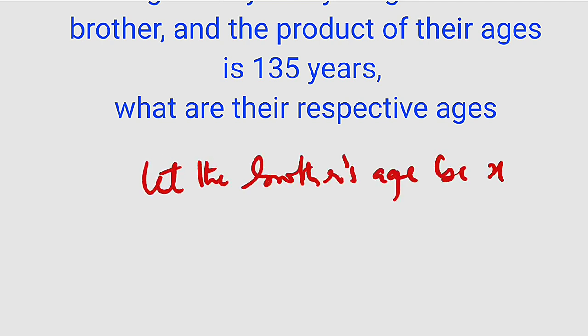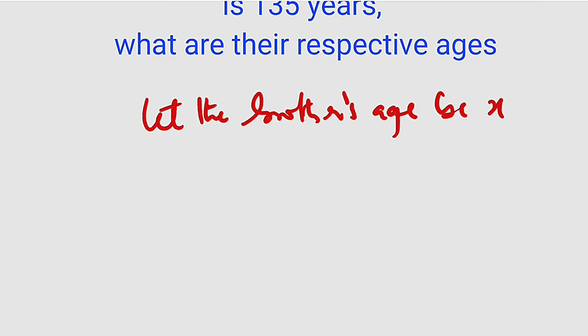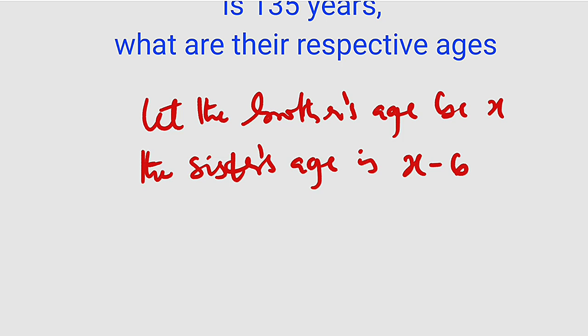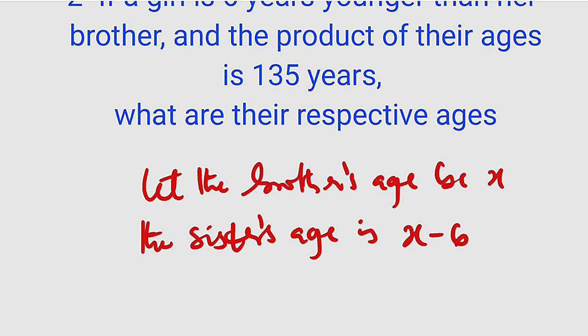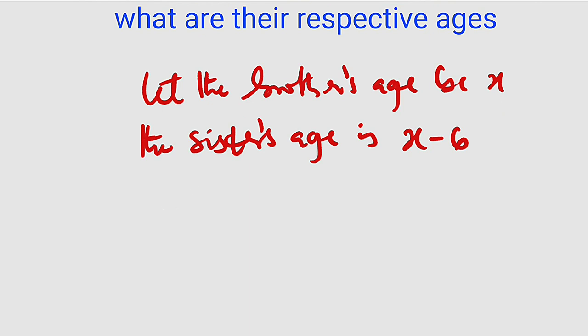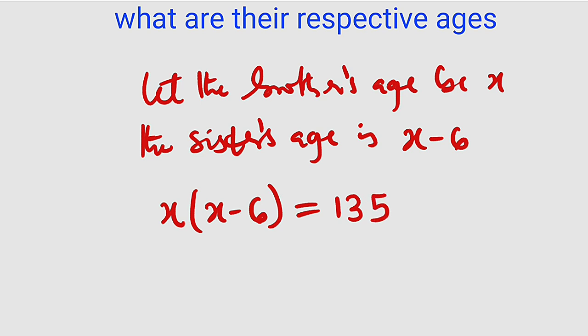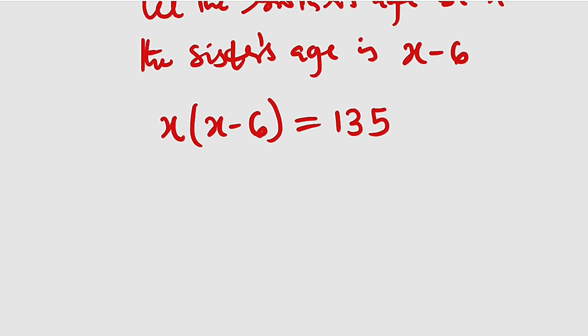So let the brother's age be x. Therefore, the sister's age will be x minus 6, because she is 6 years younger than him. Their product is 135. So if you take x, you multiply by x minus 6, you're going to obtain 135. This is exactly what the question is telling us.